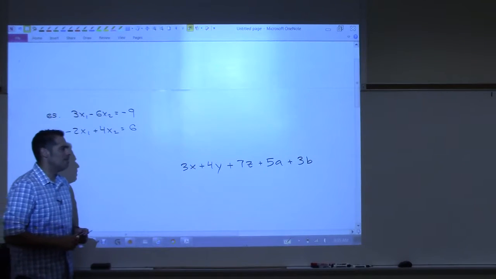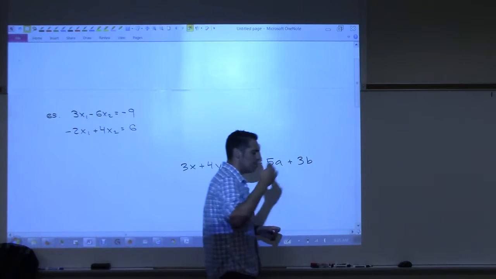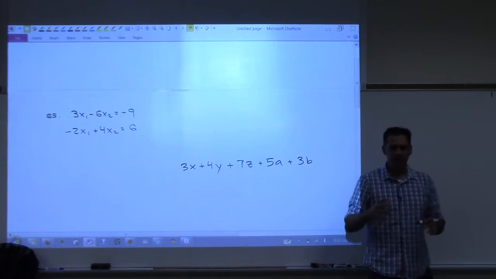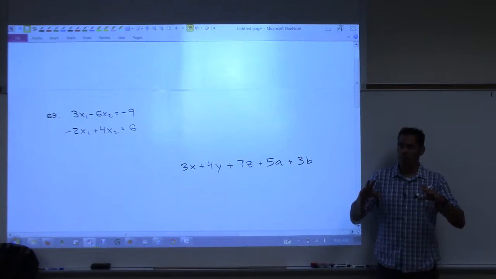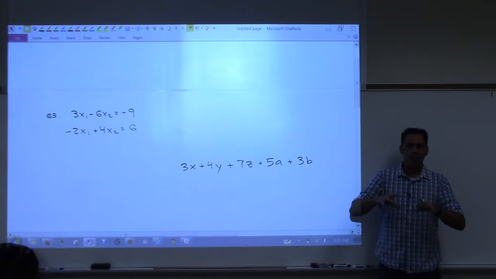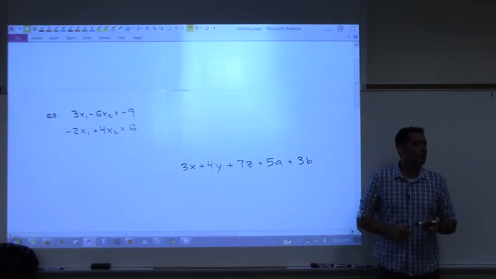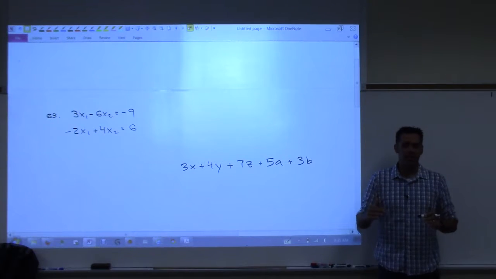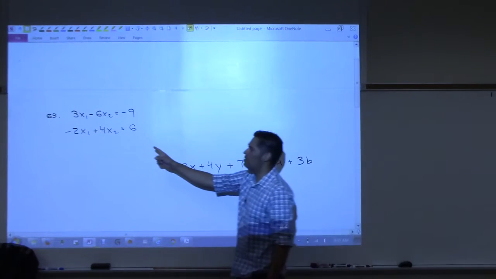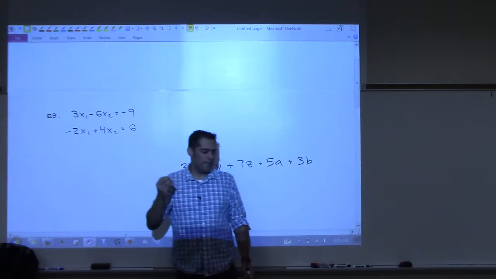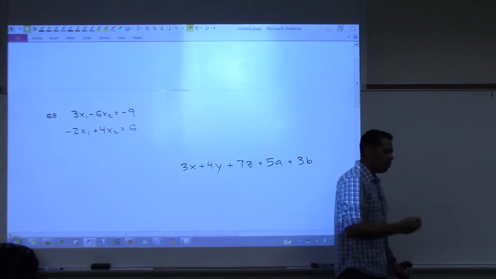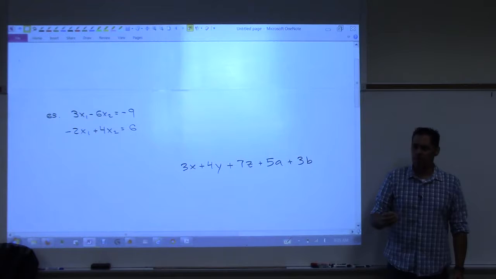there's a famous problem that was done when computers first came around. There was a business problem, so a problem that related to business that required solving a system of 400 variables, 400 equations simultaneously. So this is 2 equations, 2 variables. But there was this very famous problem that required solving 400 equations with 400 variables.